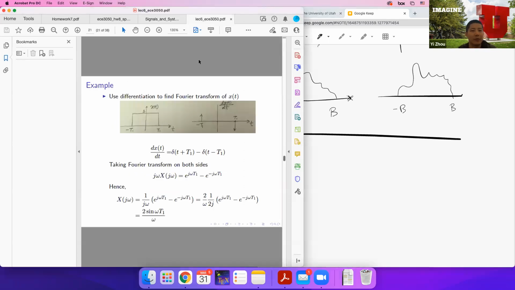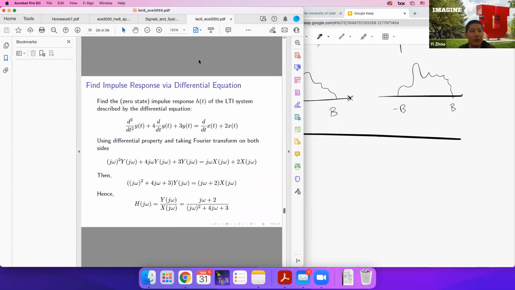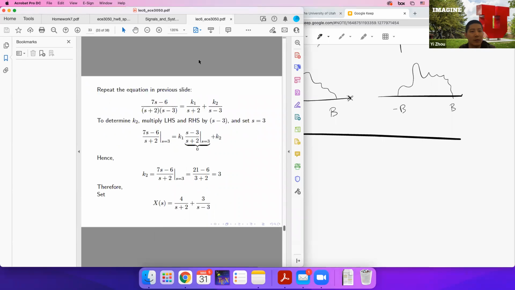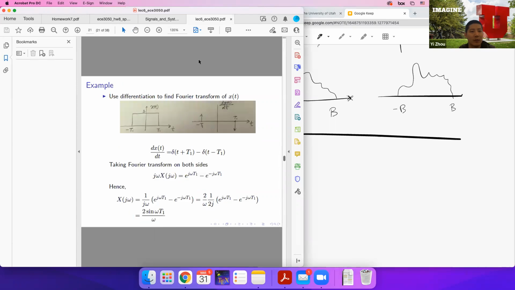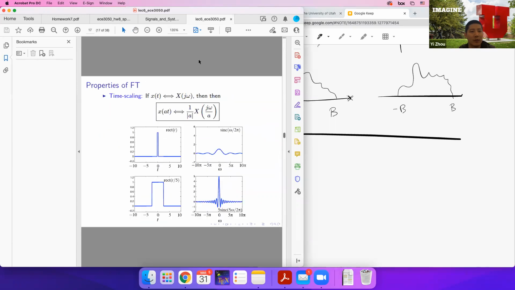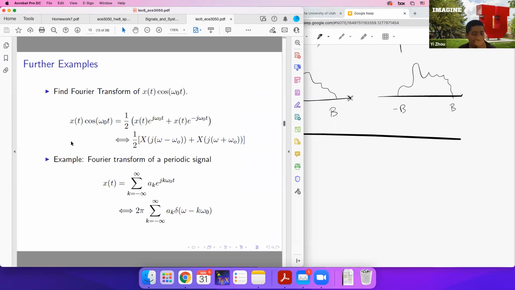So I think we can just refer to this lecture. Don't have it here. Yes, right here. Once you modulate by cosine omega naught t, the resulting spectrum is taking the original spectrum, shifting one copy to the left by omega naught, and another copy to the right by omega naught.